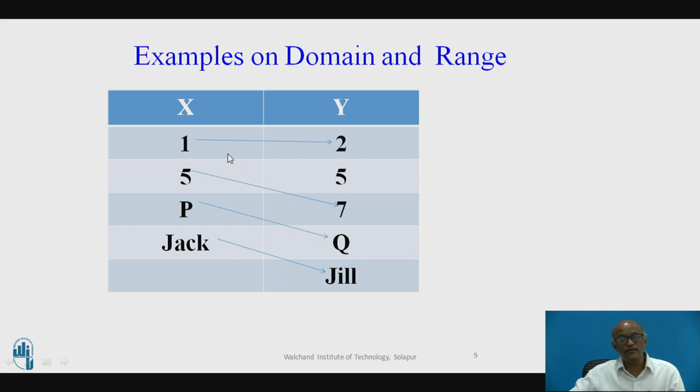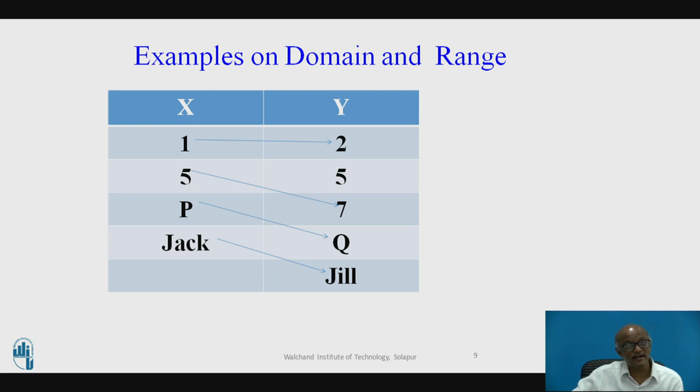So, the domain of the function will be 1, 5, p and jack. Is it equal to set x? Yes, it is equal to set x, not a subset of x. All the elements of x are involved, so this mapping satisfies the first condition.